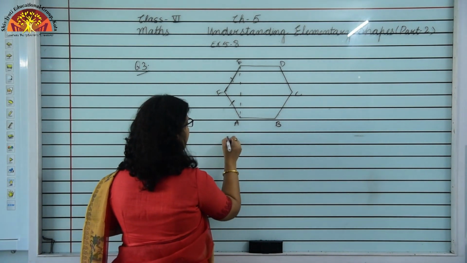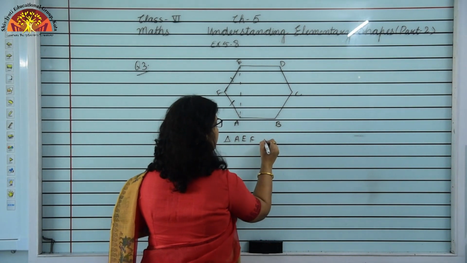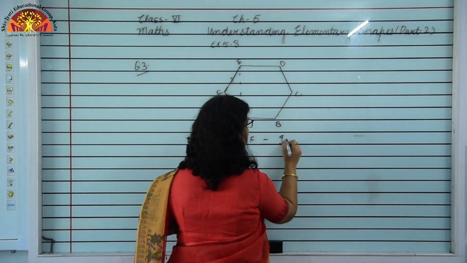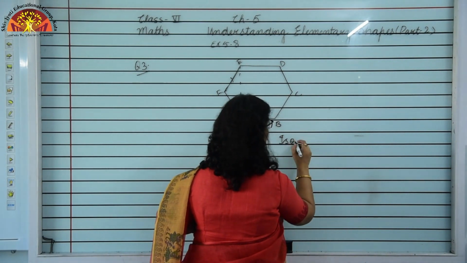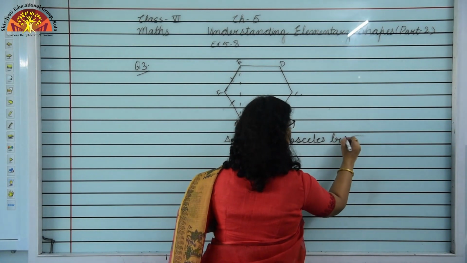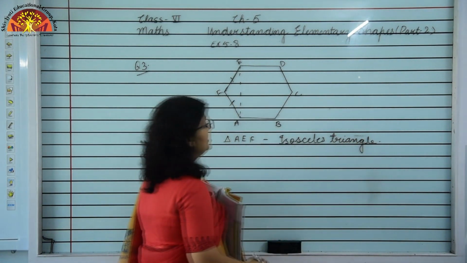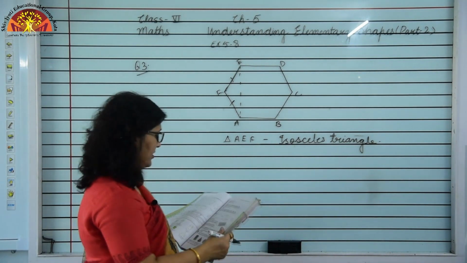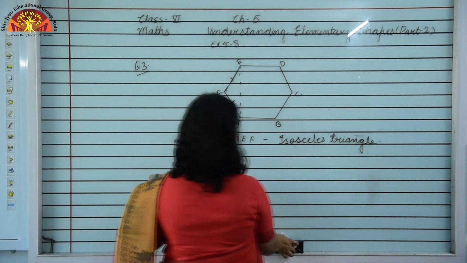So triangle AEF is an isosceles triangle. Now students, we will discuss three-dimensional shapes.